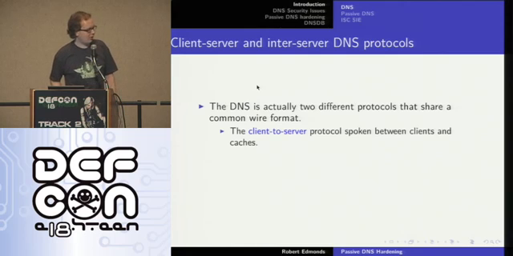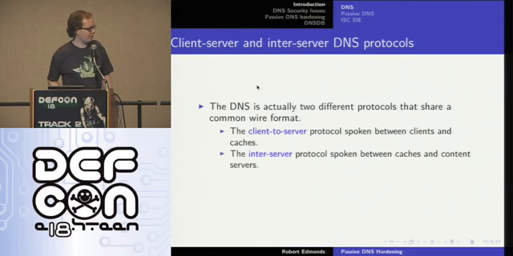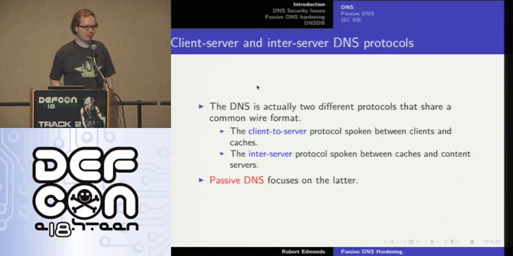The 2 protocols are the client server protocol and the inter server protocol, spoken between caches and content name servers. Passive DNS focuses on the latter because we don't want to see client queries or give the impression that we are spying on people. In fact, what we want to do is gather intelligence about the domain name system rather than clients that are requesting that information.